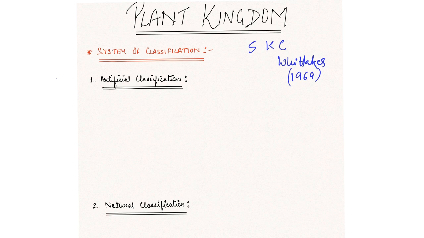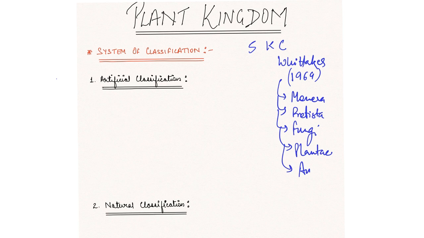So how did he divide the 5 different kingdoms? He divided it into Monera, Protista, Fungi, Plantae and Animalia.